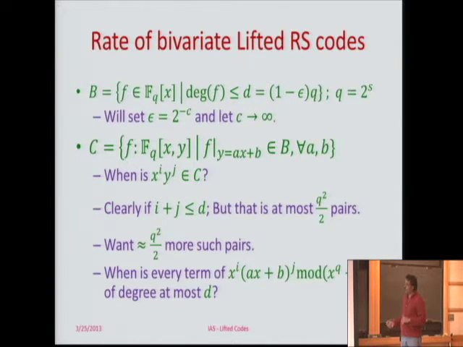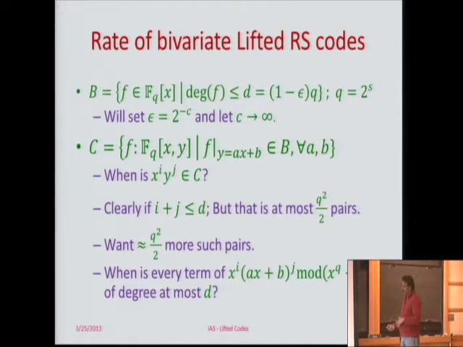Now here is what we want to understand: what are bivariate polynomials which have the following feature. Let's even focus on a monomial x to the i, y to the j. If I give you enough different monomials, then every linear combination of these will also be in the space. This is a linear subspace. What are the monomials for which x to the i, y to the j is in this code C? Meaning, when can I set y equal to ax plus b, and then notice that x to the i times (ax plus b) to the j is of degree less than d?